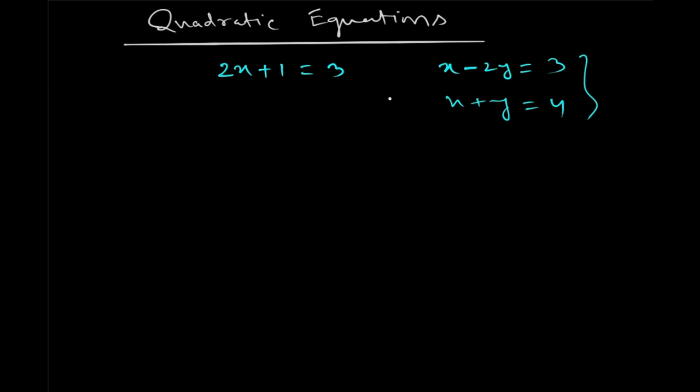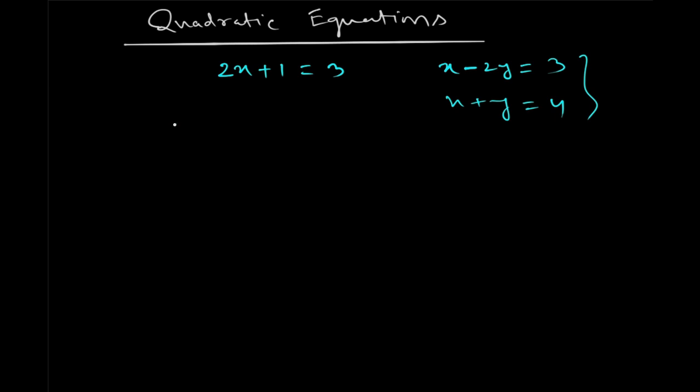These are called linear equations because these equations represent a straight line. You can see that the maximum power of these variables is 1. Similarly, what is a quadratic equation?